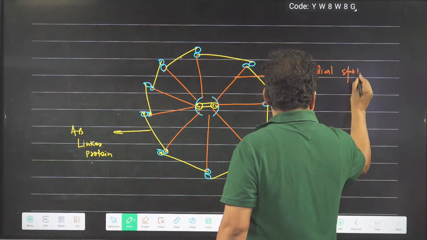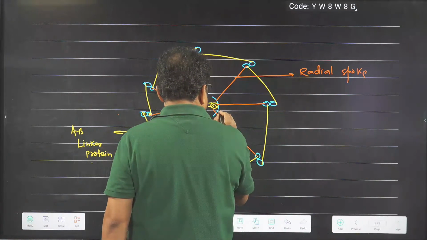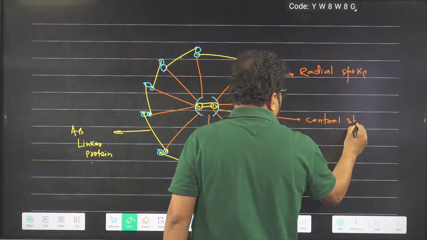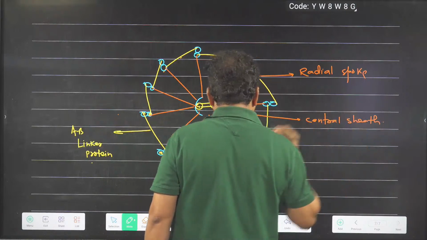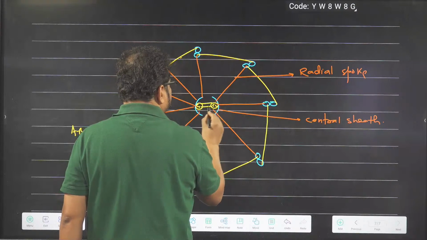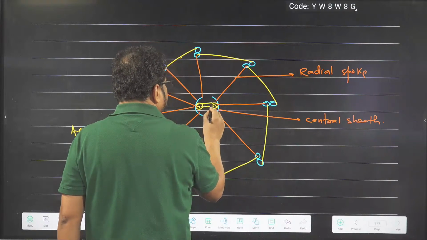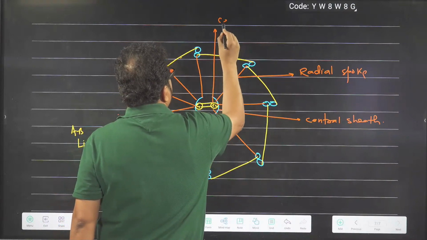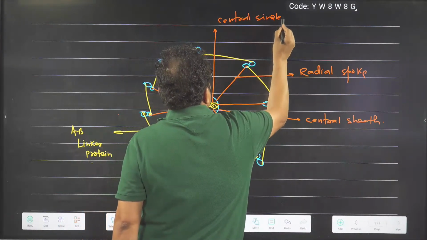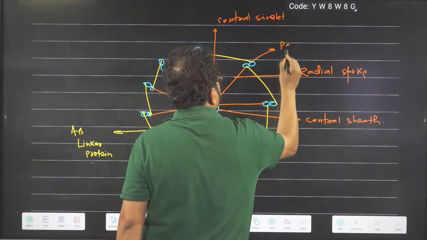This is the central sheath. This is the central singlet. C1 and C2 are the central singlet. This is the peripheral doublet.